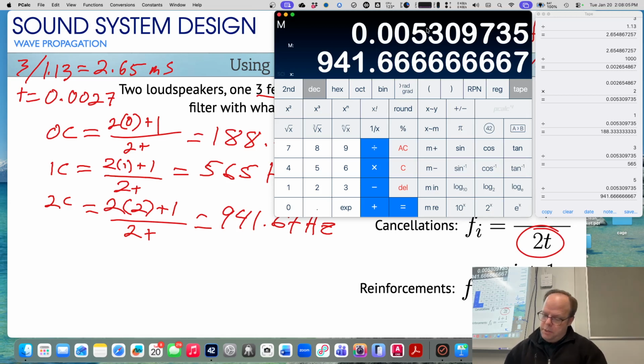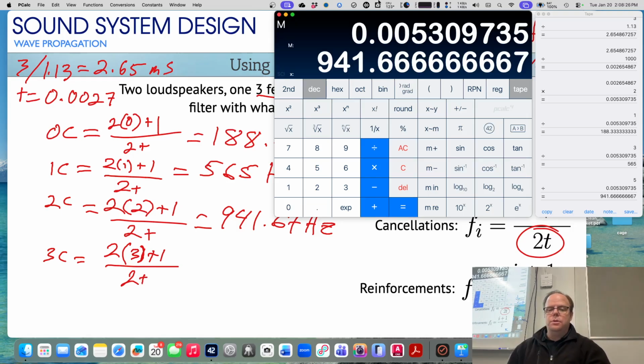We've got one more cancellation to find here. We'll call that 3c. And that should be 2 times 3 plus 1, divided by 2t. So 2 times 3 plus 1 is 7, right?